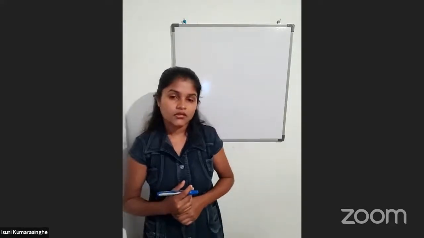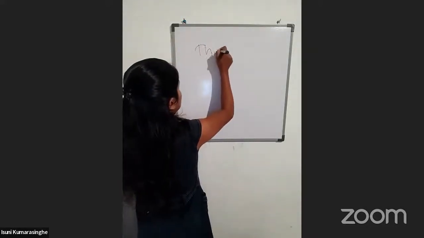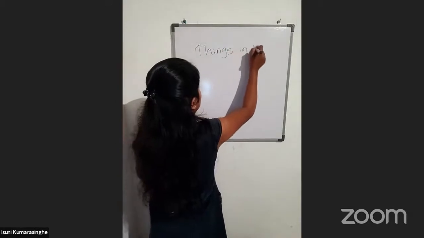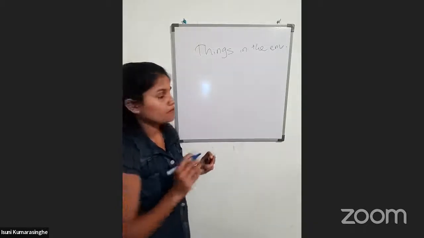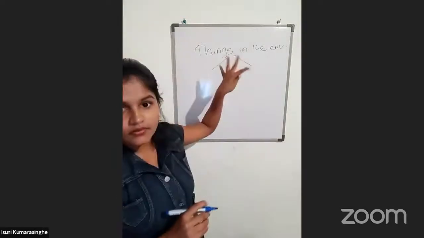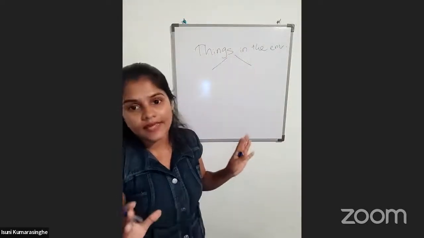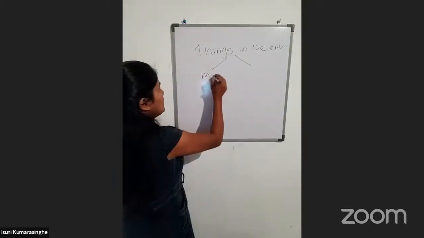The things in the environment can mainly be classified into two, called matter and energy.